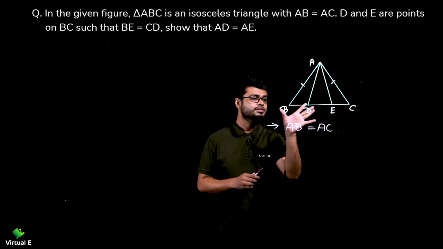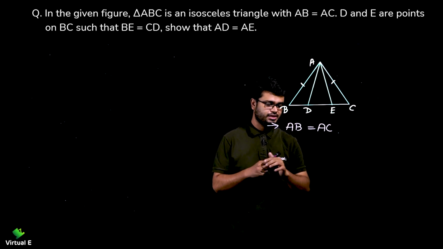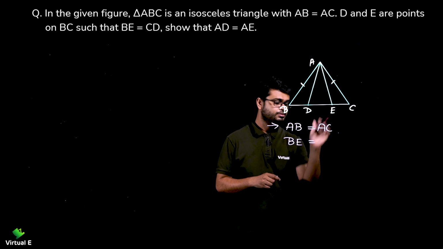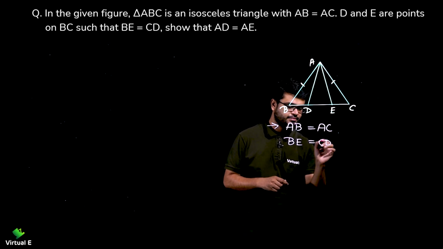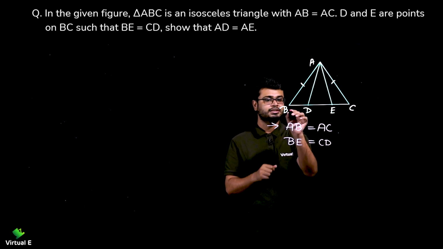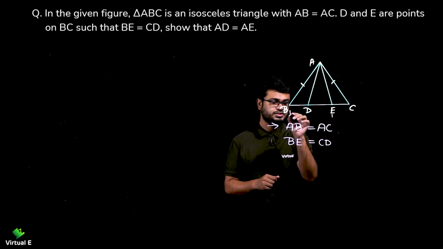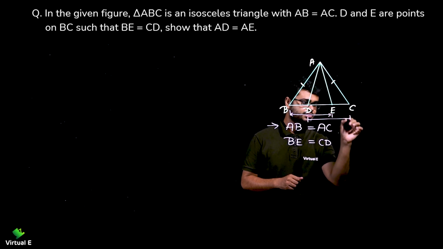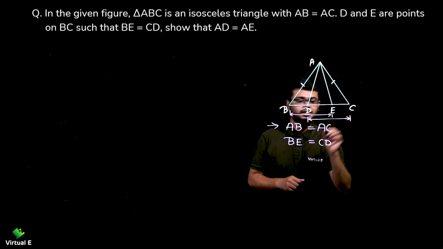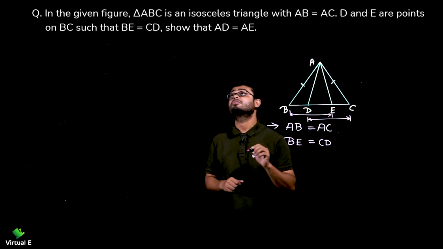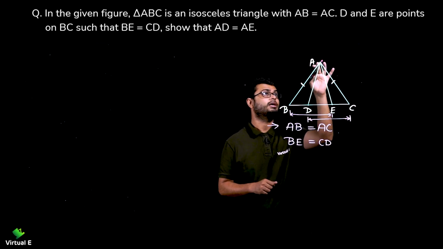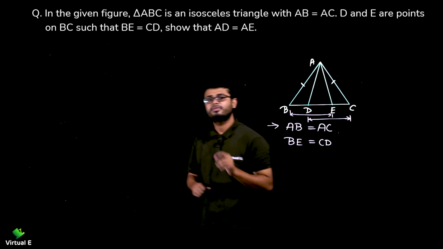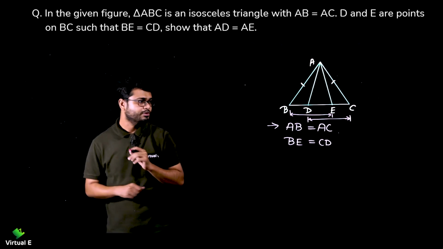Let's write another condition, BE is equal to CD, which means this side is equal to this side. What we need to prove is that AD is equal to AE. This is what we need to do.